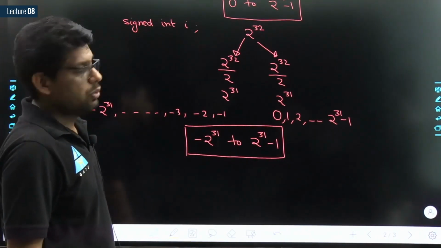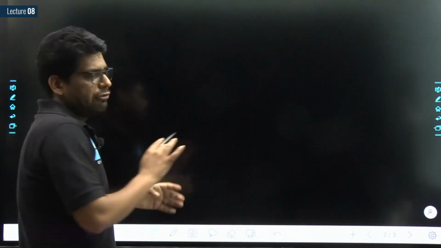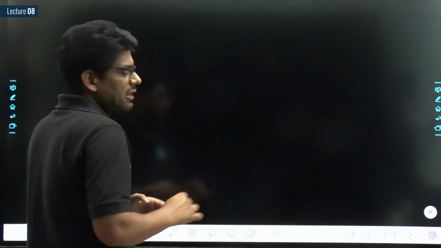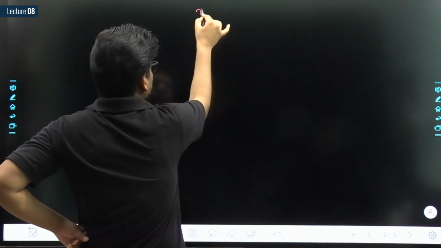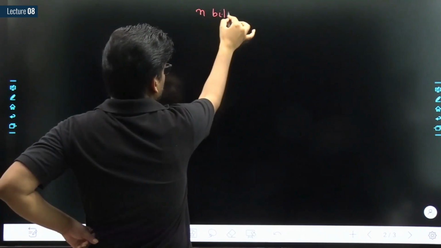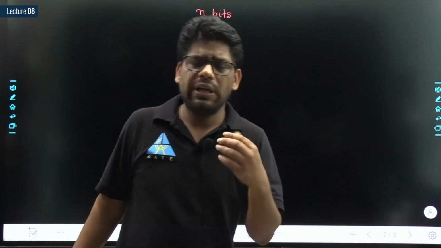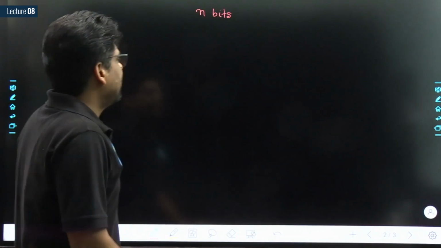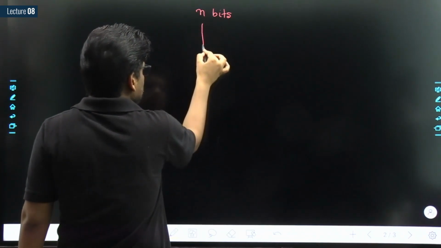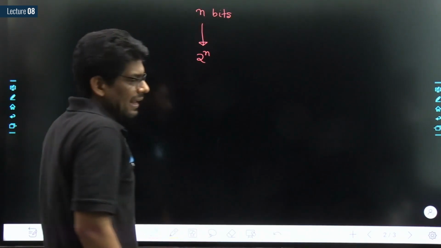Okay, sir, let me generalize the concept for the integer data type, whether it is short, int, or long. If n bits are allocated to any integer type, then with n bits, what is the total number of possible values that can be generated? 2 to the power n.